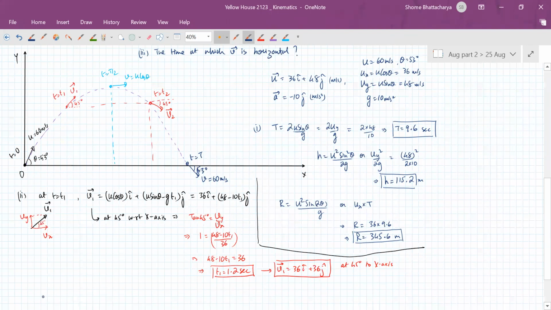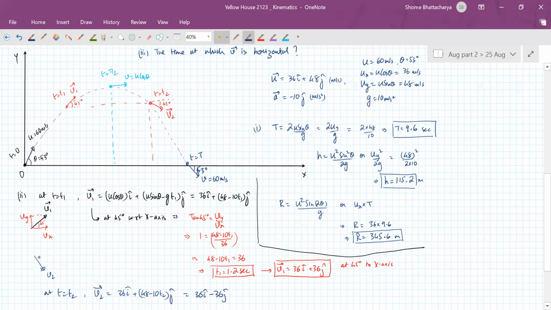Now the second thing is, you can see that at t equal to t2, the velocity vector is 36 i cap plus 48 minus 10 t2 j cap. Now this should be symmetrical, no? This should become 36 i cap minus 36 j cap, because now that velocity vector is like this.